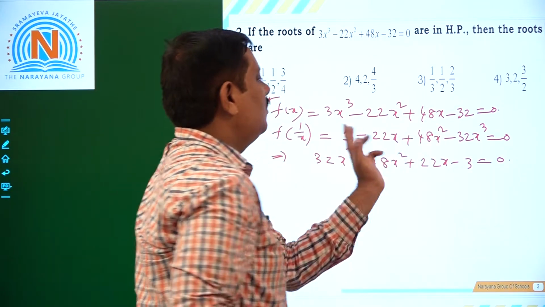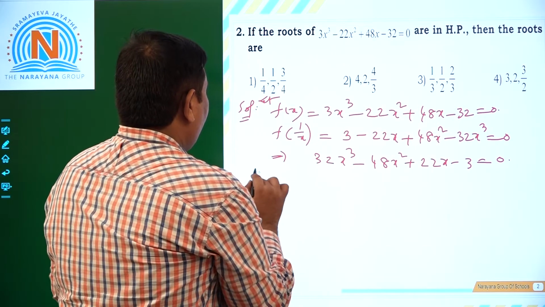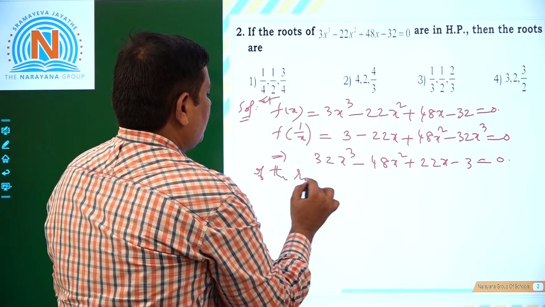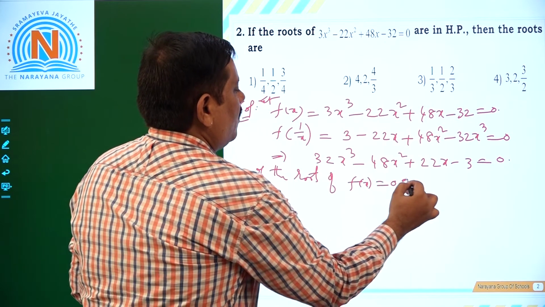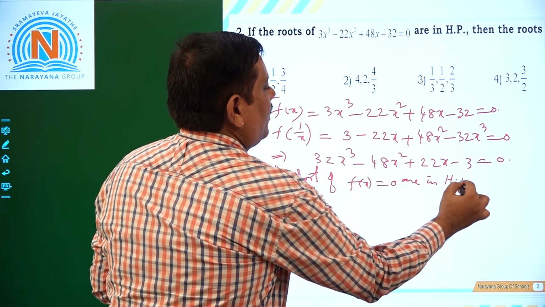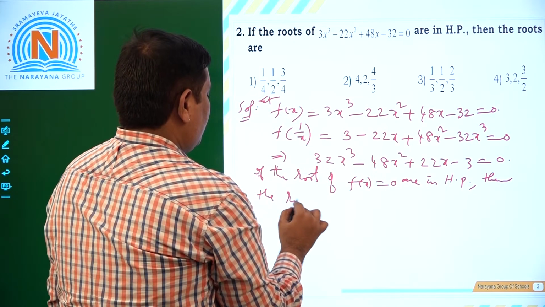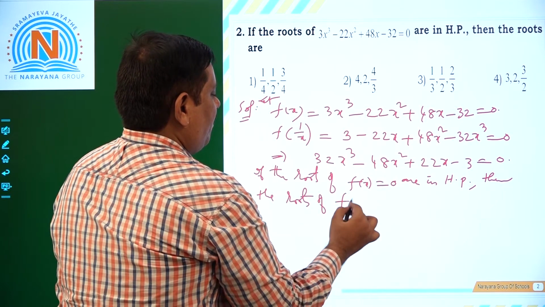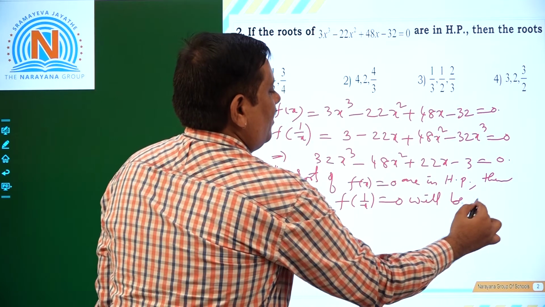We are multiplying both the sides of the equality with a minus sign. So here, if the roots of f of x is equal to 0 are in HP, then the roots of f of 1 by x is equal to 0 will be in AP.